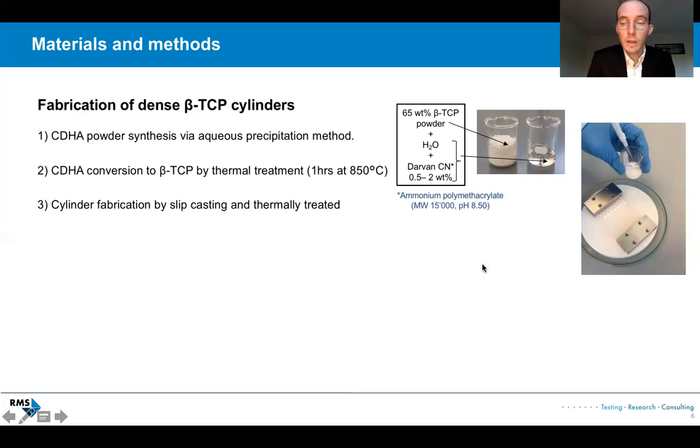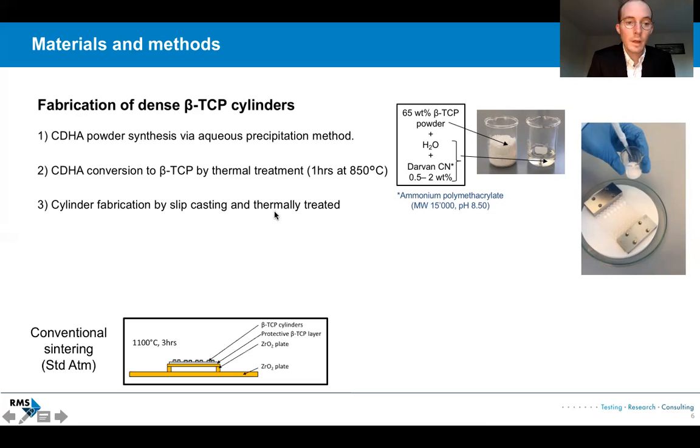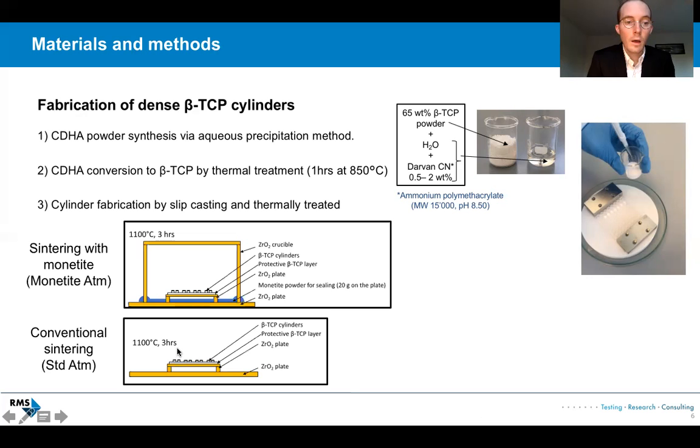After that, we can demold, we collect the green bodies, and then we have to sinter them. So we use the conventional sintering, namely 3 hours at 1100 degrees. Basically, we just place the beta-TCP cylinders on a zirconia plate in the oven. Or we use a different setup, which is the sintering in the monetite-rich atmosphere.